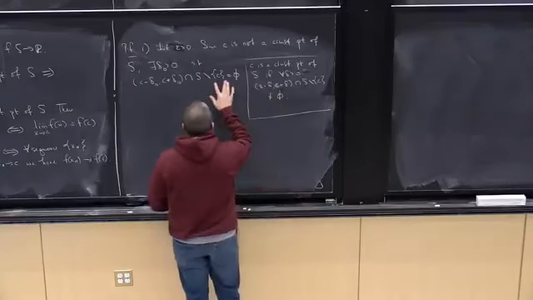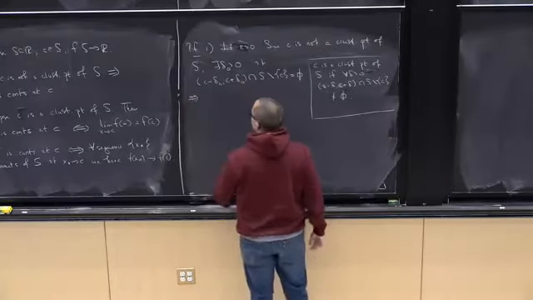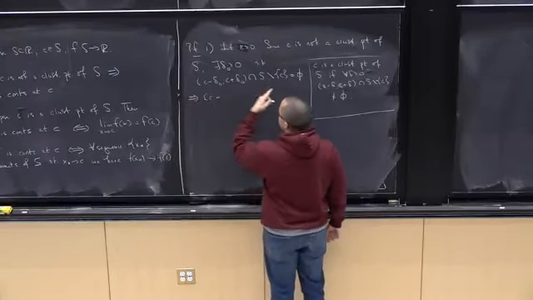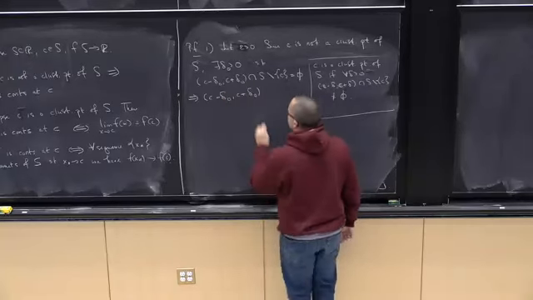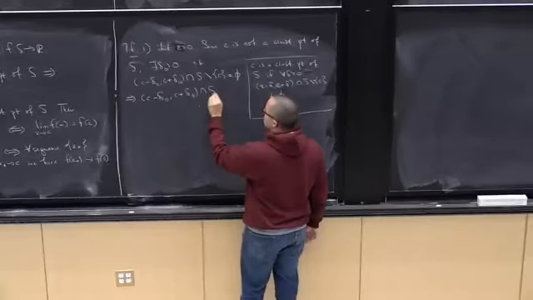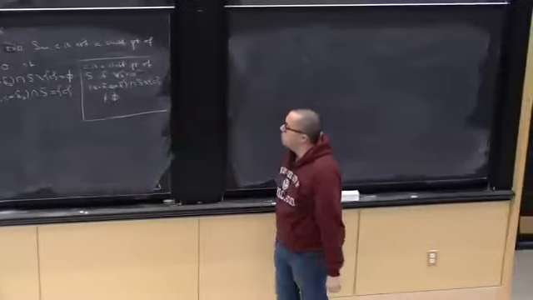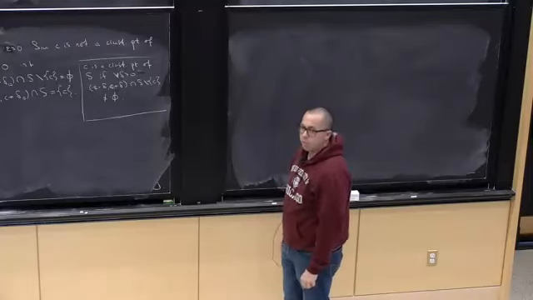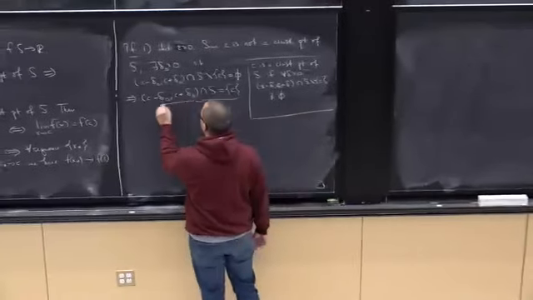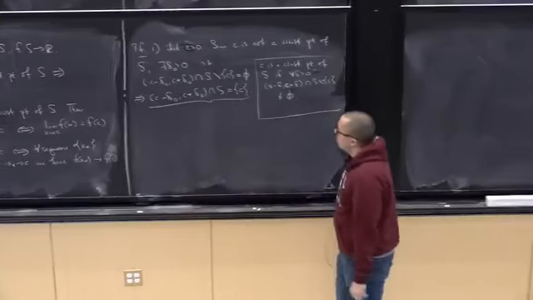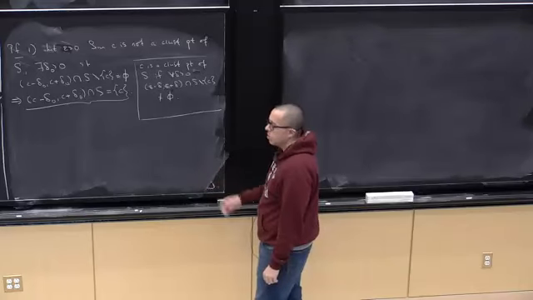Now, if I include C in this intersection, another way of stating this is that since C is an element of S, the only thing that's in this intersection is C. Okay?